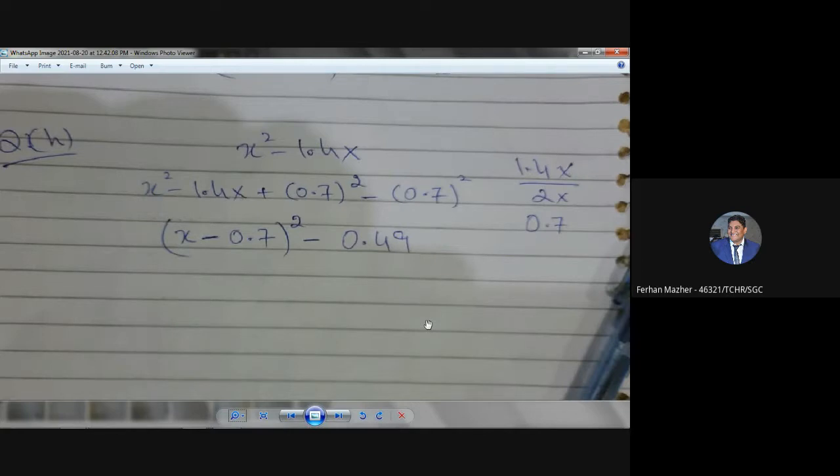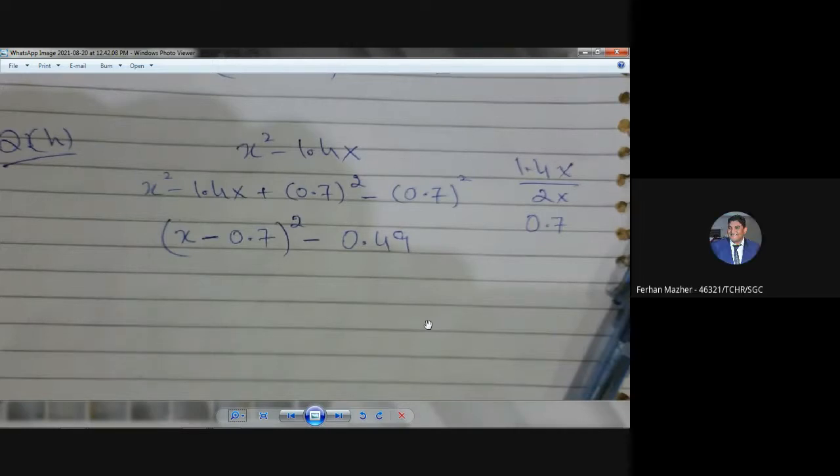What's the answer? 1.44. Okay. Do another calculation: -1 minus under root 6 equals. Sir, minus 3.44. Okay, so you got the answer.